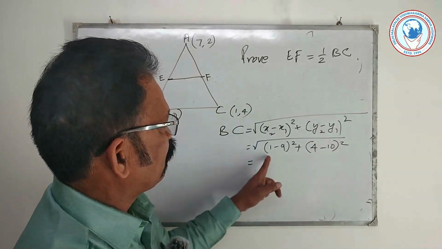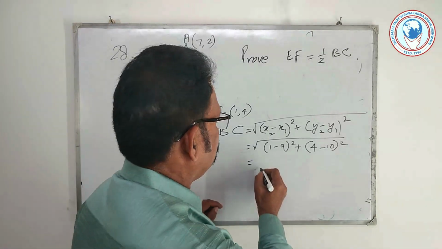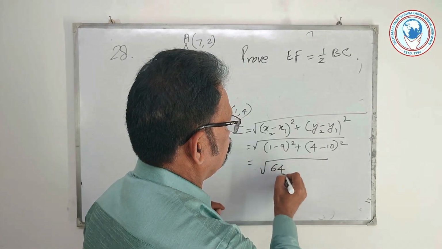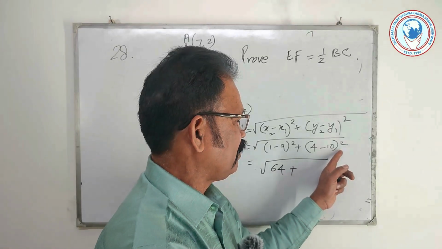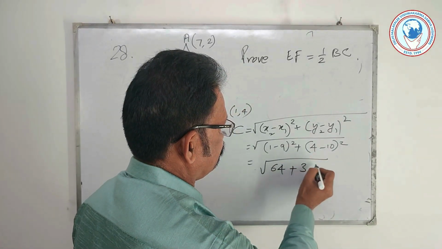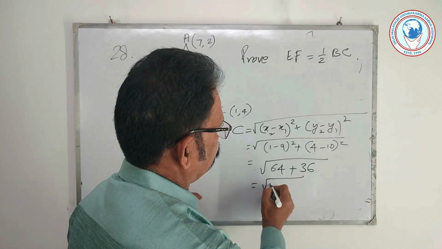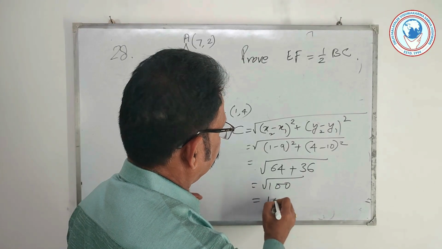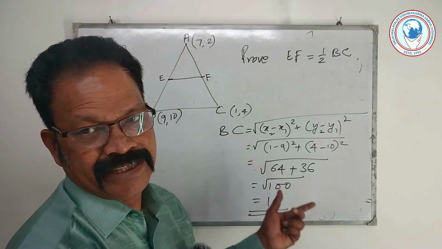So 1 minus 9 is minus 8, square 64; 4 minus 10 is minus 6, square is 36. That is square root of 100, or 10. So BC is equal to 10.